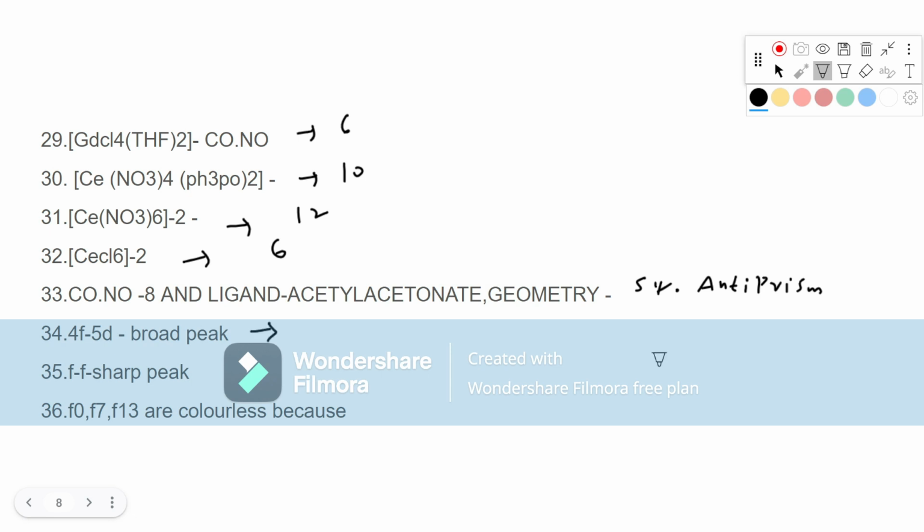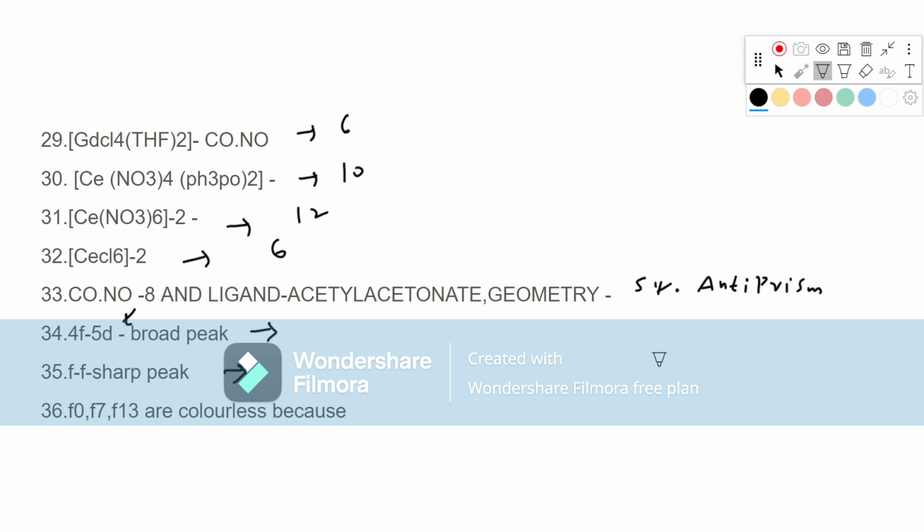Next, 4f to 5d transitions give broad peaks. Whenever you have d orbital involvement, you will always get broad peaks, while f to f always give sharp peaks. Why do you get broad peaks when you have d orbital?